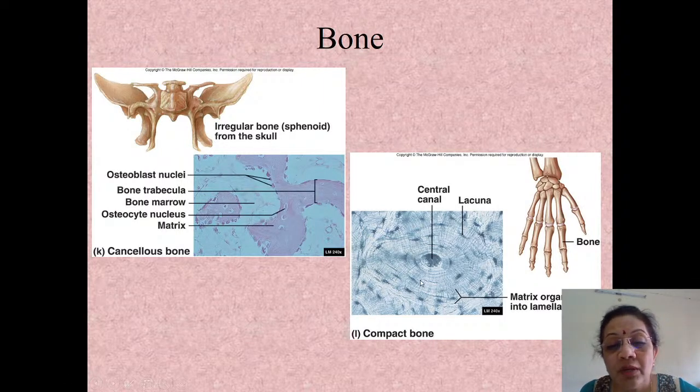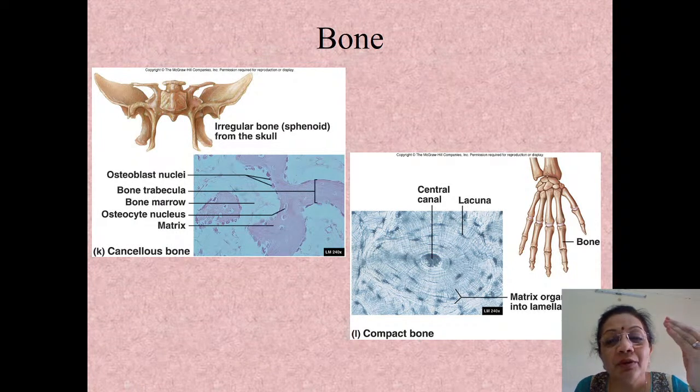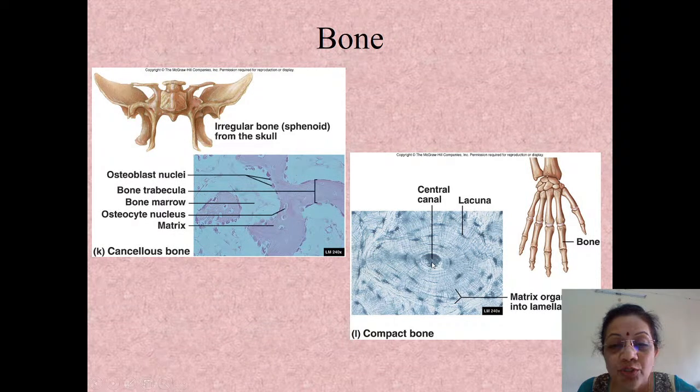Whereas when you come to compact bone, it has a very distinct, very easy to identify, very characteristic arrangement where you have a central canal and you have layers or lamellae of bone laid down in concentric circles around it, a few hundreds of layers. What we are seeing here at this magnification is 240x.